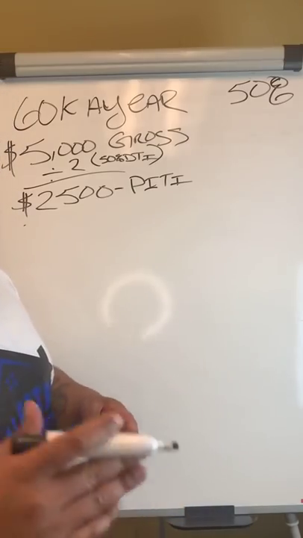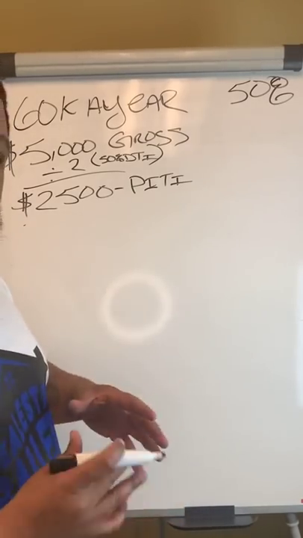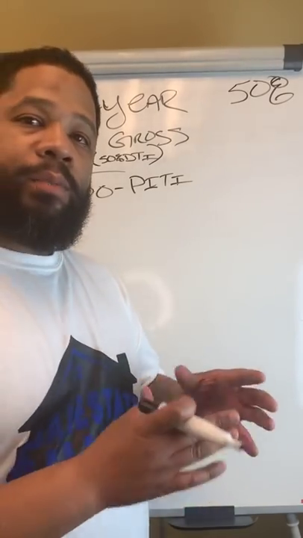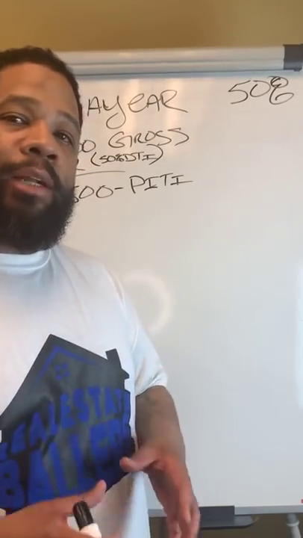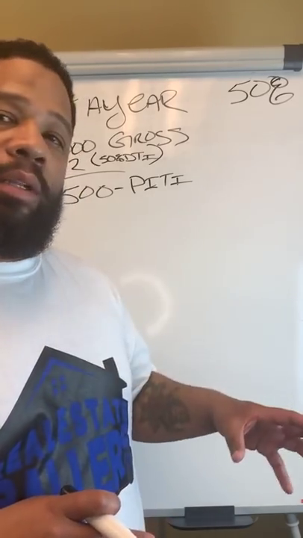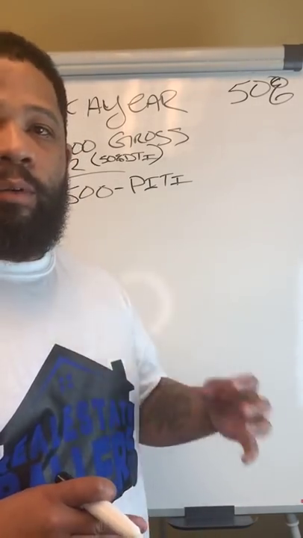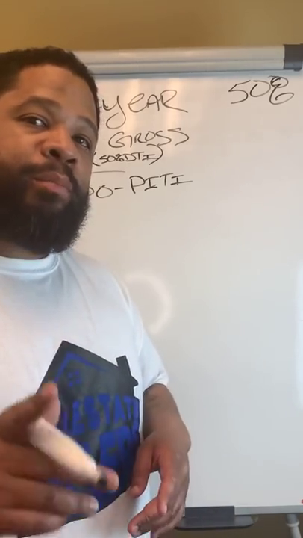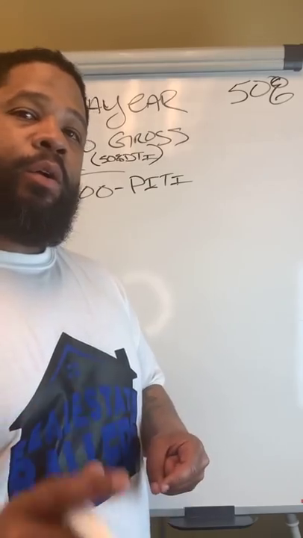Now, mind you, we're not counting your balance. Most people get the misconception that we're looking at your balances when it comes to your debt. Lenders don't care about your balances. Only time they care about your balance is if you have student loans and those student loans are deferred or in forbearance, and especially if you're going FHA, then they're going to calculate 1% of your payment on that balance.